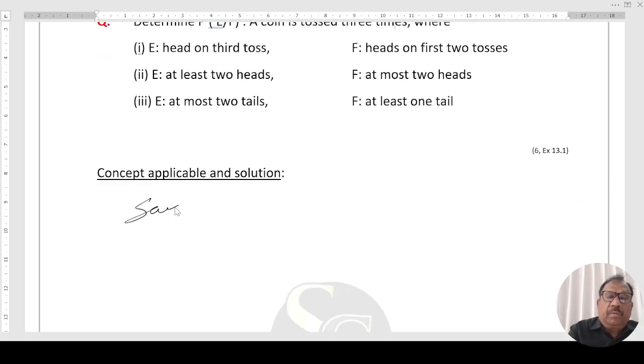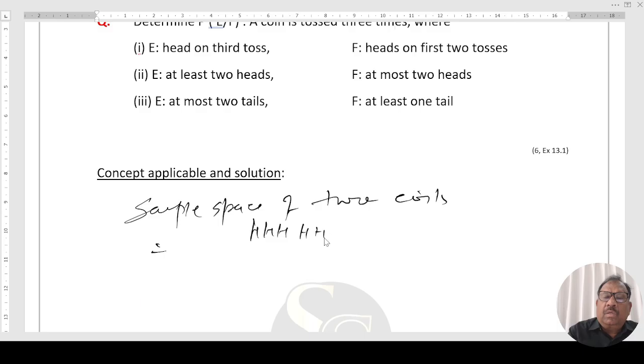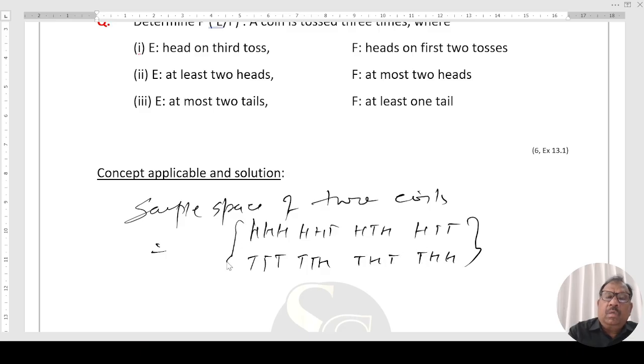Sample space of 3 coins: HHH, HHT, HTH, HTT, then THH, THT, TTH, TTT. This is the sample space of 3 coins.